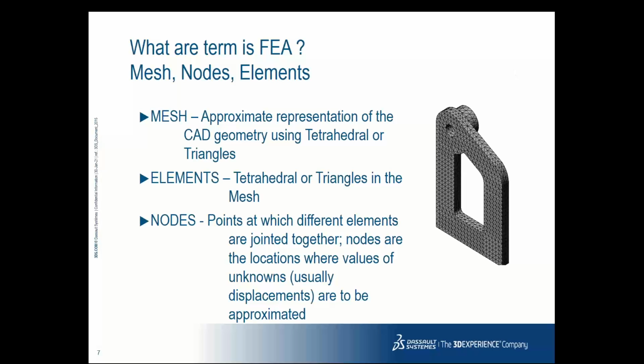Just remember in short that elements combine to form the complete body, and the solving process, the finite element analysis, is performed on these small elements, and then the data from the small elements is extrapolated to the whole assembly or whole part, and we get the results at the end.